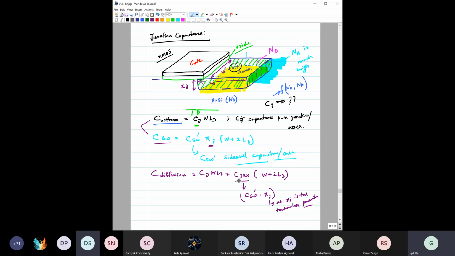Oh, in the later section, it is a combination of all this. Basically, it is the total diffusion capacitance, one for the N channel NMOS and the other one for PMOS. So it's basically this plus this, meaning the bottom part as well as the side capacitance part.